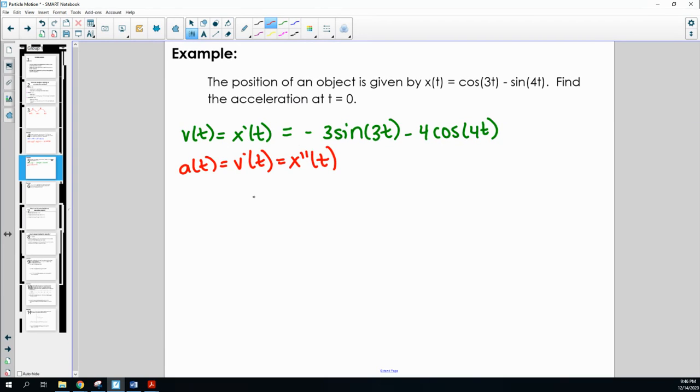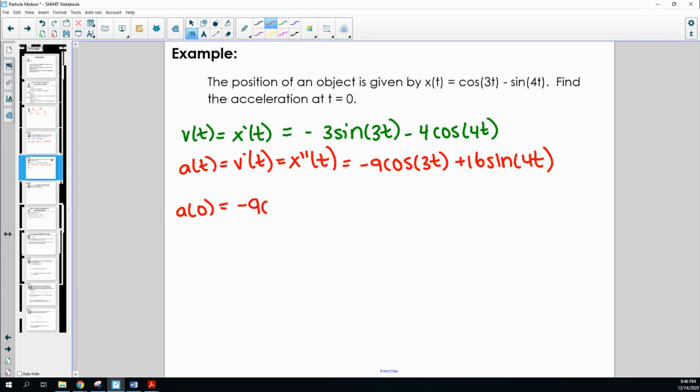You don't need to write this out every time. You could just write a of t is equal to v prime of t, but right now I'm just showing you that it's related to the original. Again, I'm going to use the chain rule. This gives me negative 9 cosine of 3t, plus 16 sine of 4t. Now I want to find the acceleration at t equals 0, so I'm going to do a of 0.